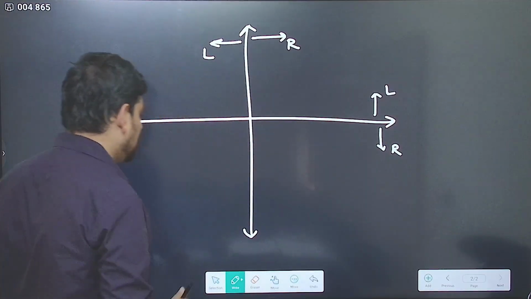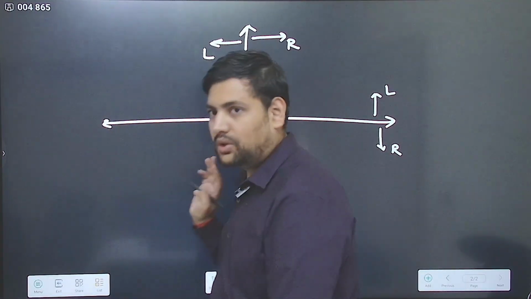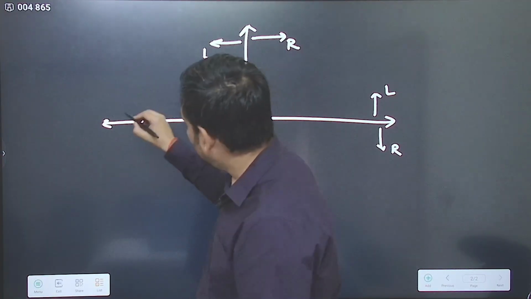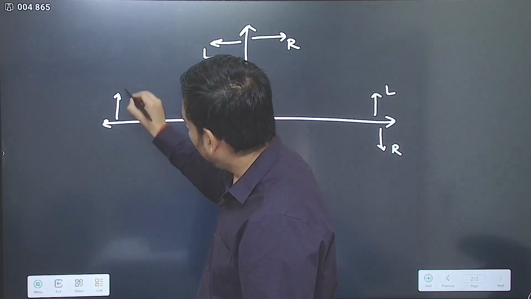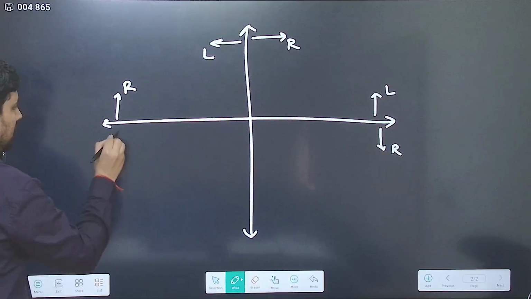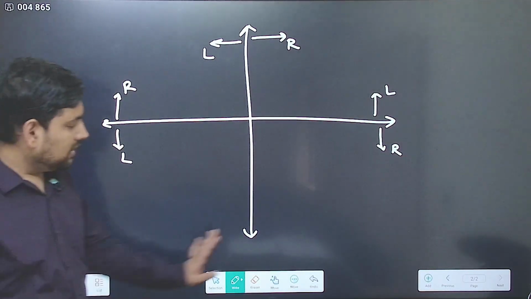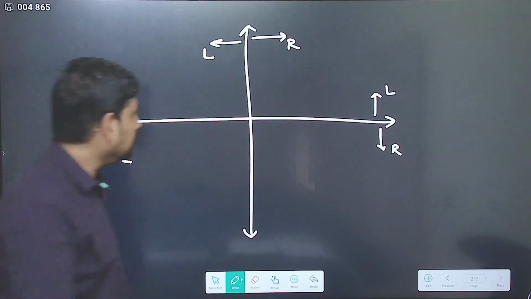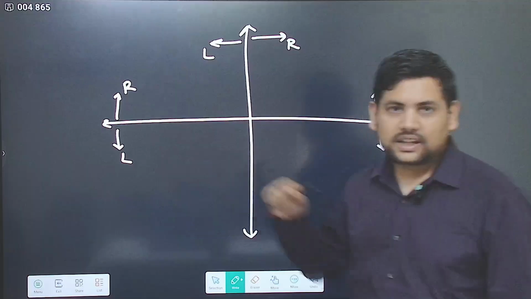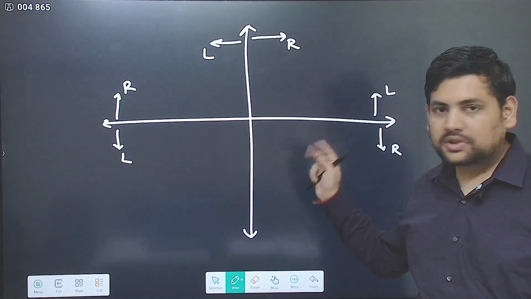Now, similarly, you can find here for this one, that is when I'm going in west direction. So my right is towards the upper side. So when it says goes right, so this is upper direction, that is north direction. And when it says left, then you go south direction. Similarly, here also, if you see this left and right and this left and right are exactly opposite when they are moving in just opposite direction.